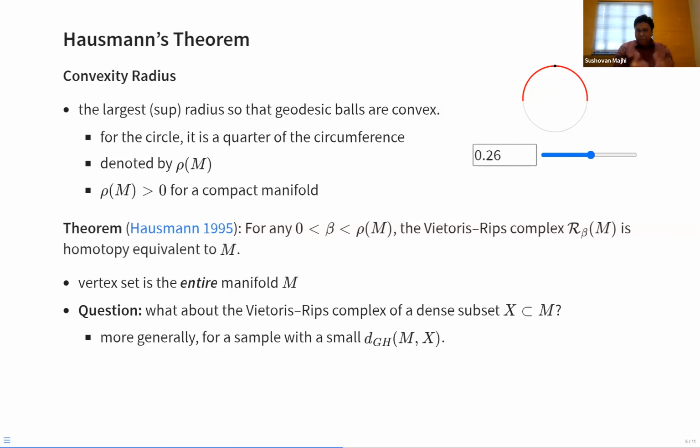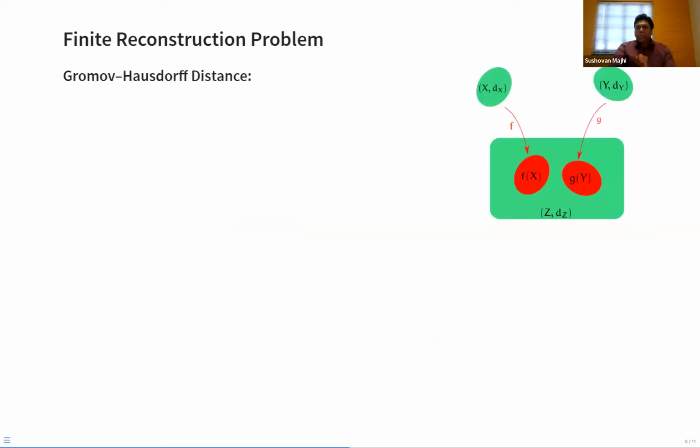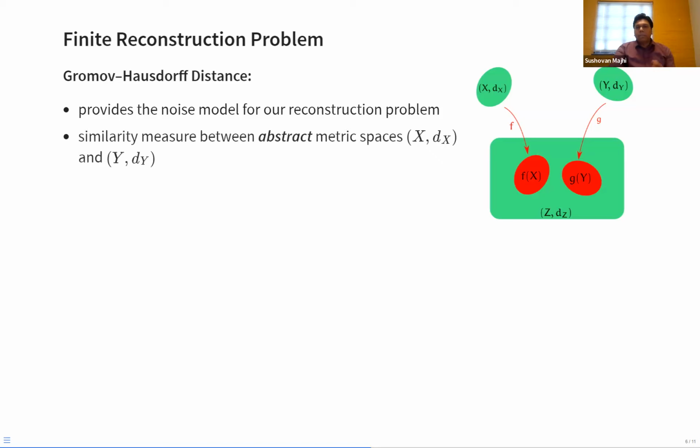Can we, similar to Hausmann, build a Vietoris complex on the sample and still capture the topology of M? The question was answered by Latschev later. We'll talk about it, but first the definition of Gromov-Hausdorff distance. Gromov-Hausdorff distance is a distance measure defined between two abstract metric spaces. They don't need to be embedded in a common ambient space, but what the definition does is try to embed the two spaces.